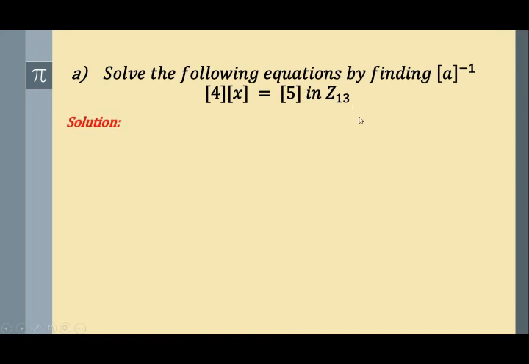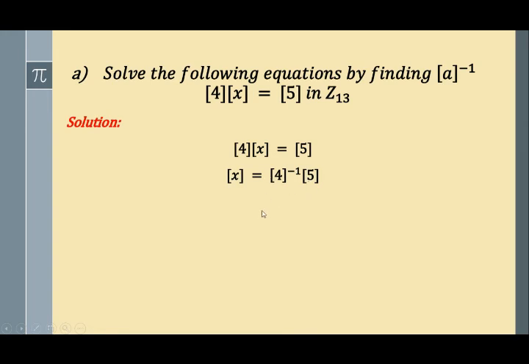Then the solution: we start with the congruent class of 4 times the congruent class of x is equal to the congruent class of 5. Then that implies that the congruent class of x is given by the inverse of the congruent class of 4 times the congruent class of 5.